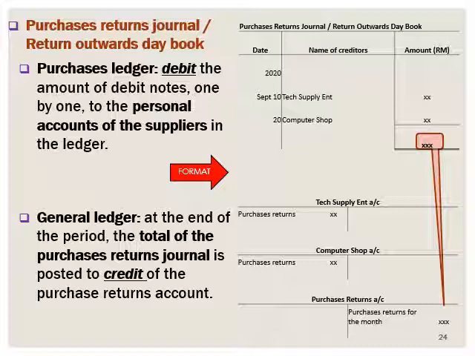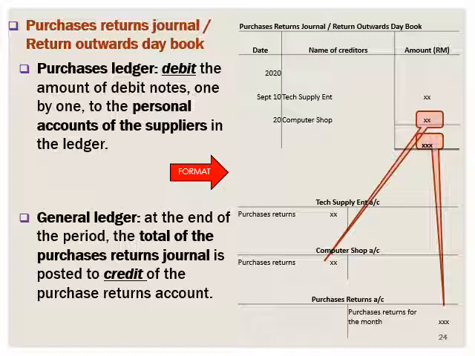So that is why for the creditor's personal T account, we will record the purchases return on the debit side. For example, based on the slide, we have two different creditors involved with the purchases return, which are Tech Supply Enterprise and the Computer Shop.